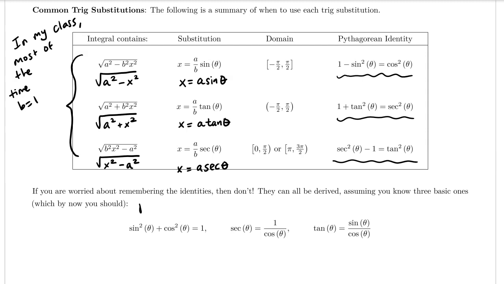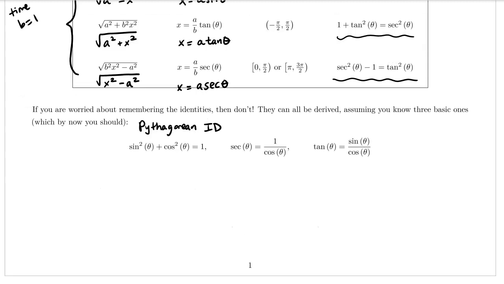So this is the main Pythagorean identity here. I am shortening identity to ID. And then we have secant of theta is equal to 1 over cosine of theta. And then our last identity is tangent of theta is equal to sine of theta over cosine of theta. Let's go ahead and derive the other two Pythagorean identities.